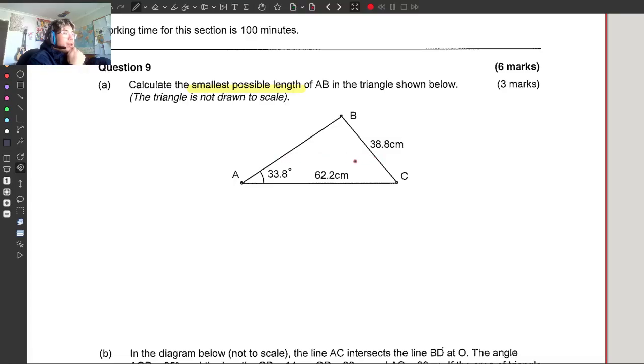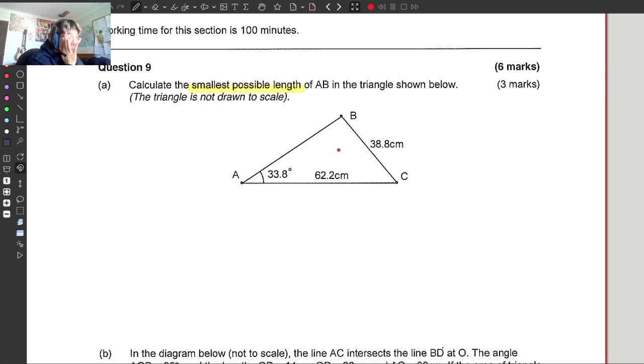We can't assume that this is a right angled triangle. It's not telling us that, so we just assume it's an ordinary triangle. Since we're given an angle and a side, and just by the structure of this triangle, we need to use the sine rule to find an unknown angle.